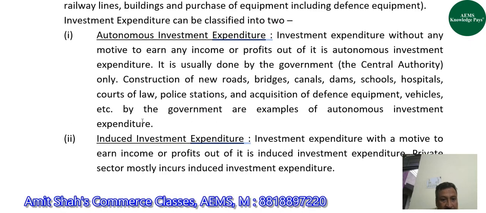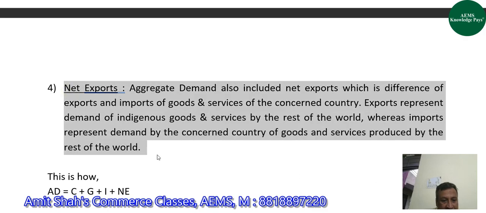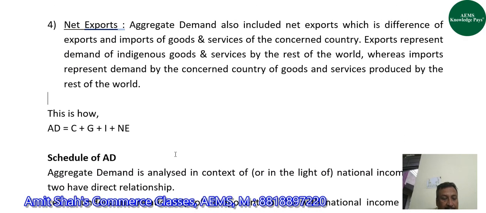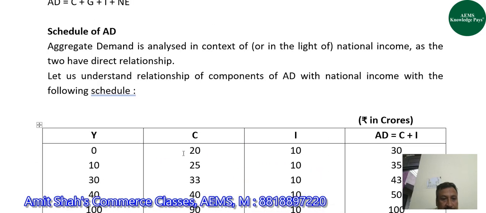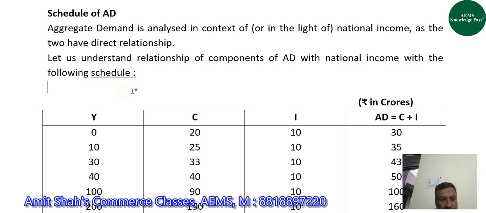I started from here, from net exports, the fourth item. So, guys, have you all noted down this much?